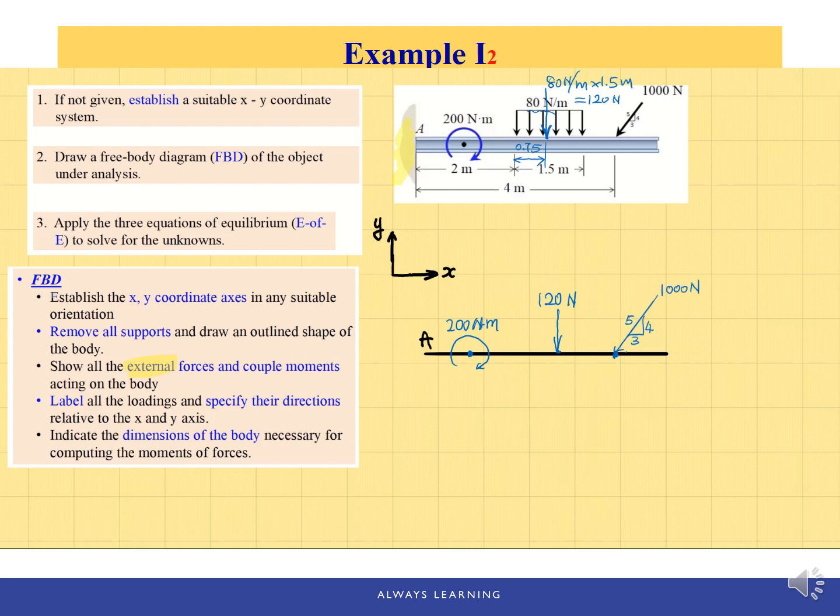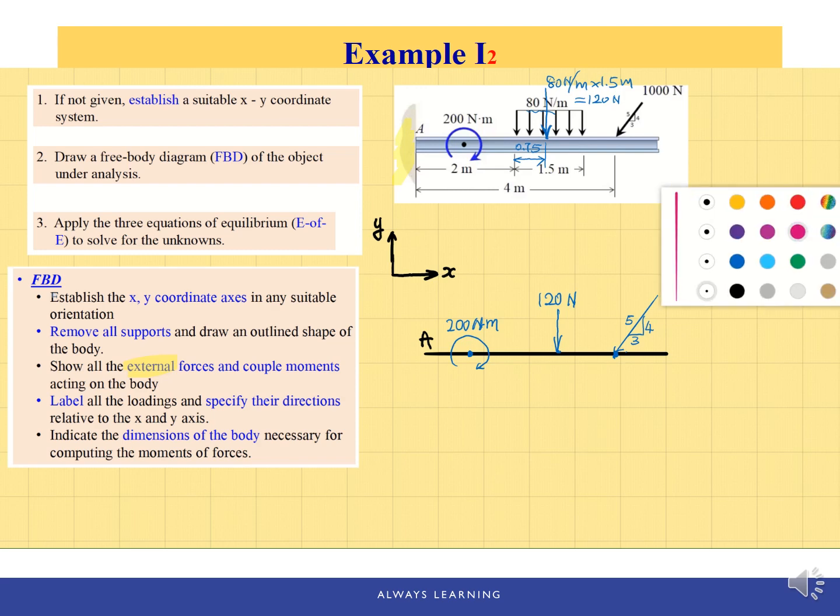And also to make it easier to write the equations of equilibrium, usually I will resolve the force if it's not originally pointing in the x or y direction. I will first resolve the forces into x and y directions.